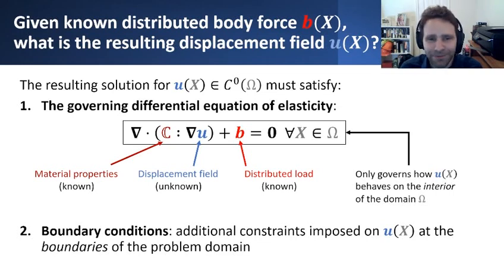But all of those could be represented just in terms of this unknown displacement field, with all of the other quantities we've assembled along the way being presumed known fields.